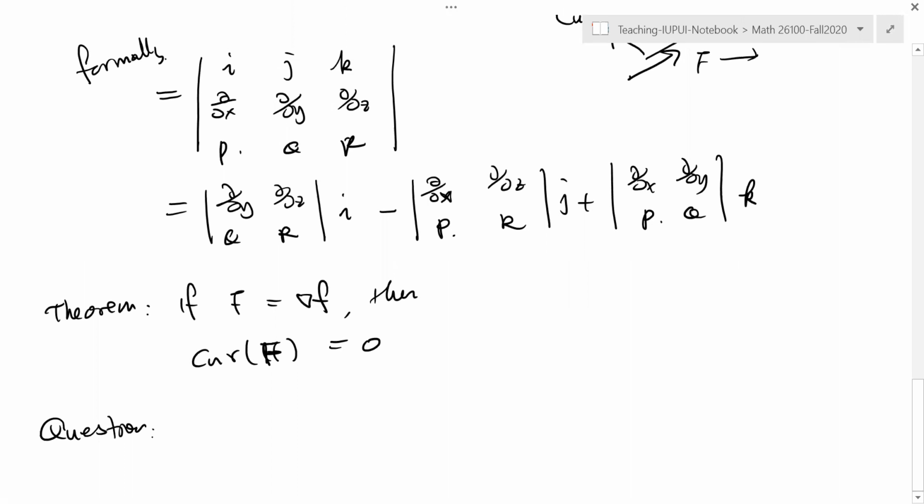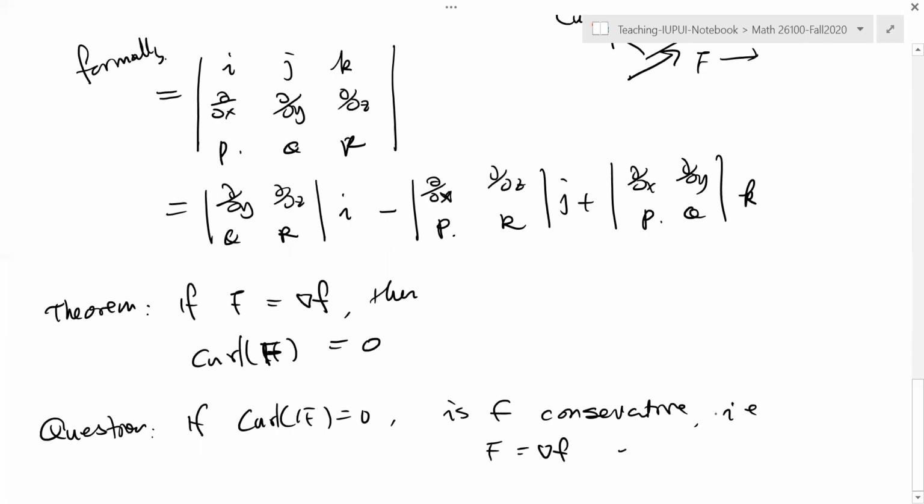And if the curl of a vector field is 0, is F conservative, i.e. F equals gradient of some f, just like what we did for the 2-dimension case?